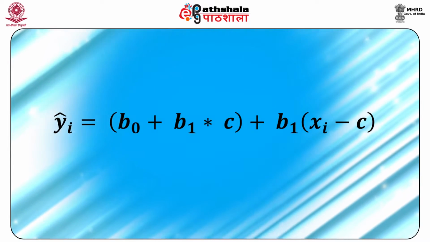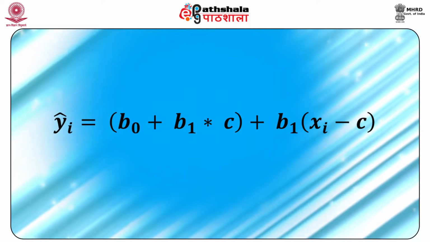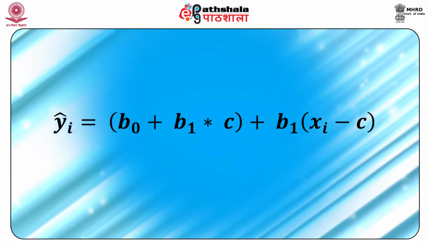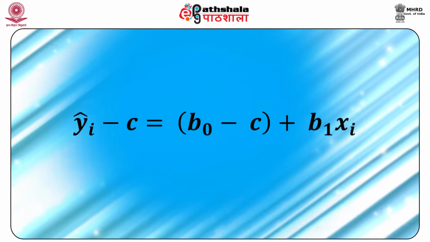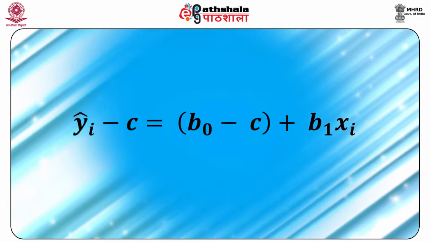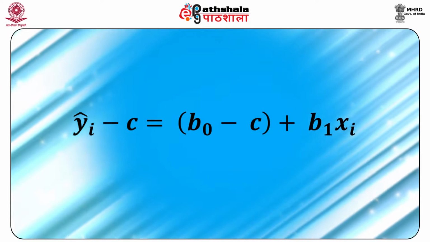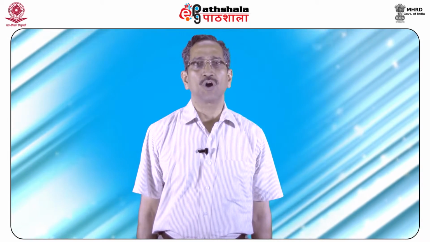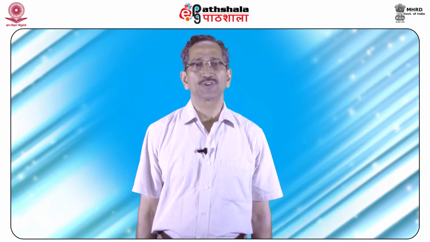Now we know that yi hat is equal to B0 plus B1 into C plus B1 into xi minus C. Now subtracting a constant C from y changes the intercept in the following manner, that yi hat minus C is equal to B0 minus C plus B1 into xi. So we see that there is an impact of change in origin on the intercept, but not on the slope coefficient.